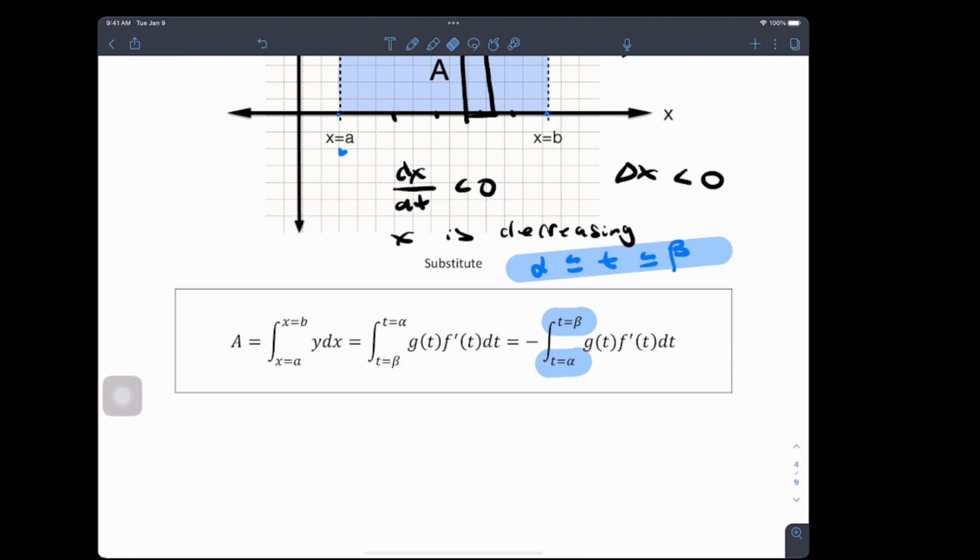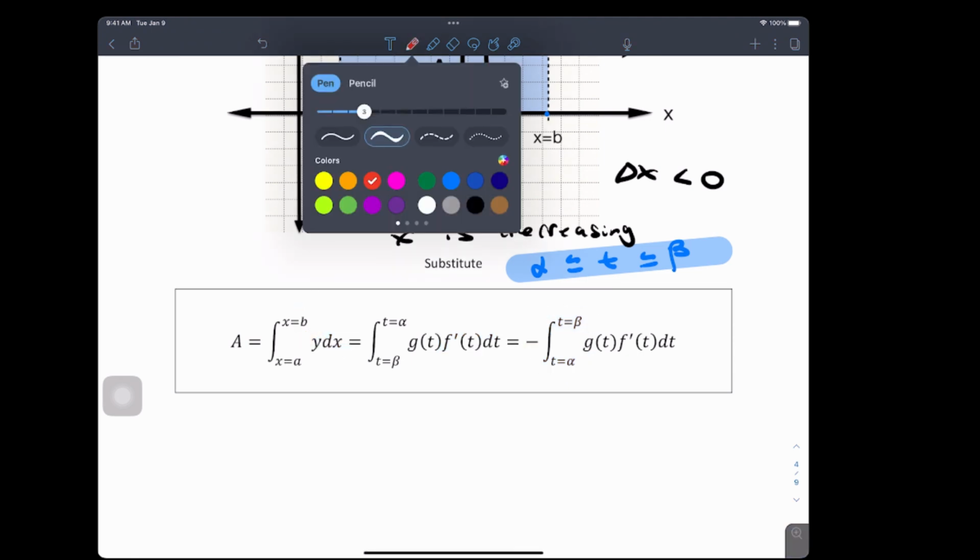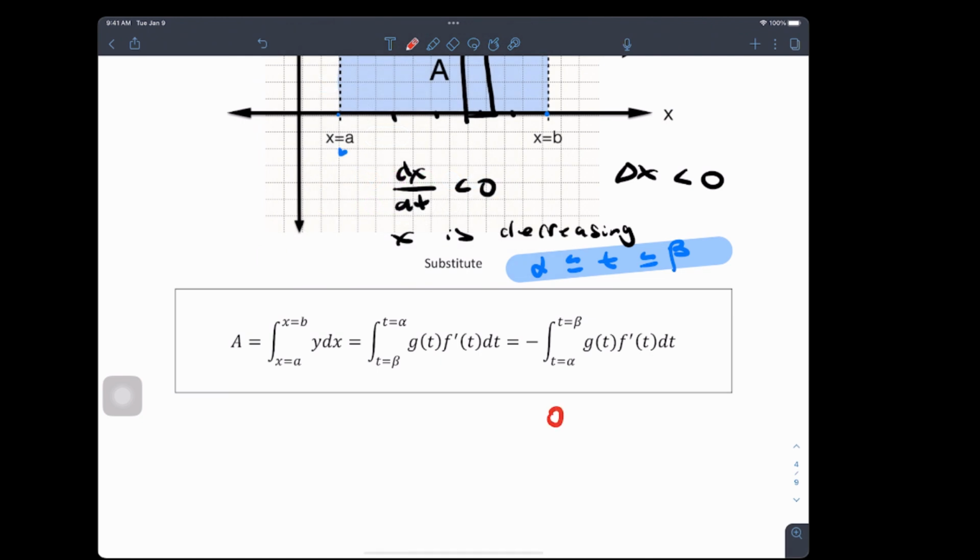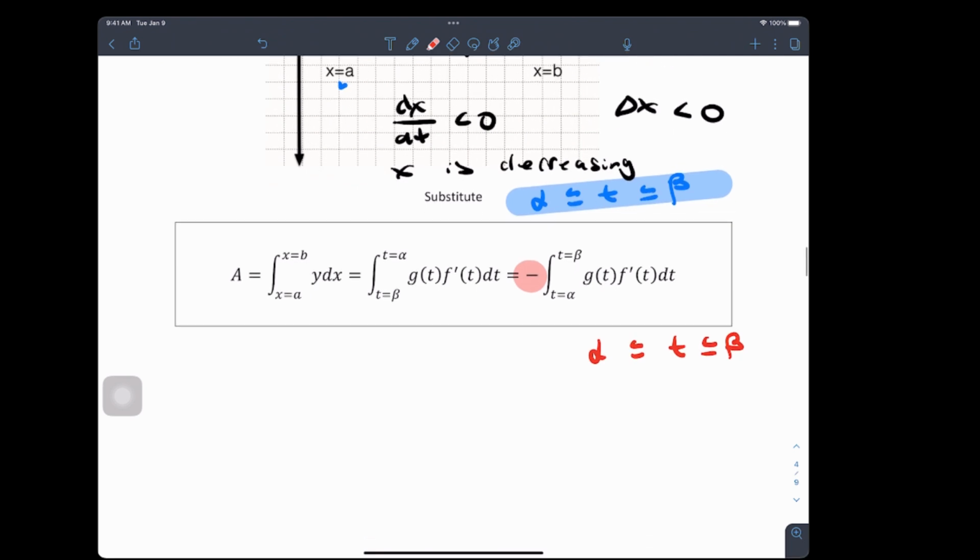Remember, your t is going to be between alpha and beta. So if you want to write your t that way, alpha less than or equal to t, less than or equal to beta, what do you actually have to have? You put the negative sign in front, so you can be consistent with your alpha.